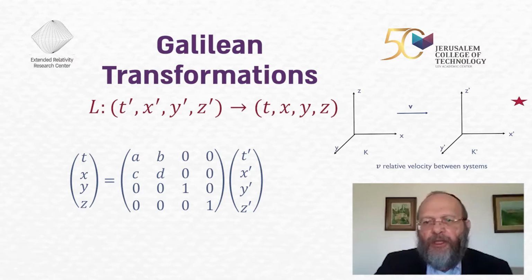The problem has a symmetry. We have motion in two directions, so there's no preferred frame. You can say both frames move in this way with respect to each other, so right and left are the same. So it cannot be that, for instance, y and y prime will not be the same. From the symmetry, it follows that y and y prime are the same, and z and z prime are the same.